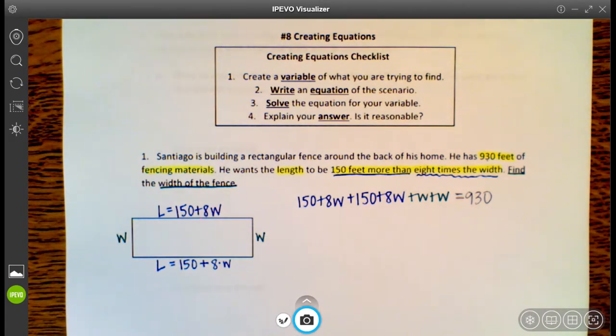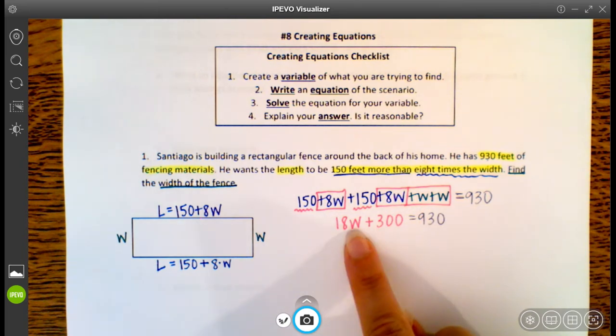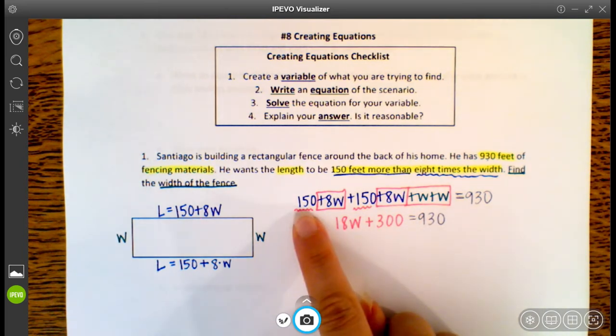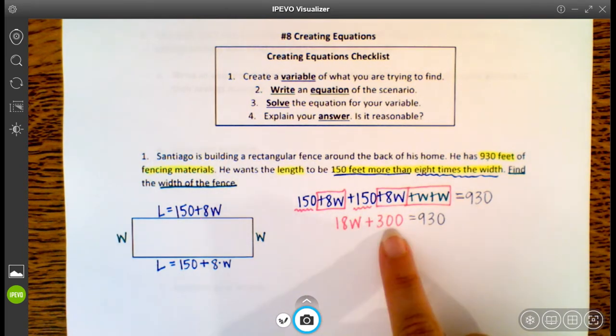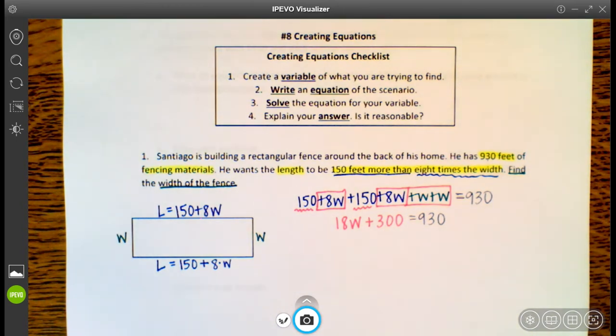According to how we solve equations, notice we have a lot of like terms on the left side. So let's combine some like terms. When we combine our like W's on the left side, we get 18 W's. And if we add our 150 plus the 150, we get 300, equals our 930 feet worth of material.